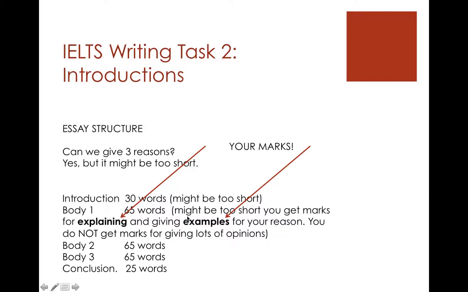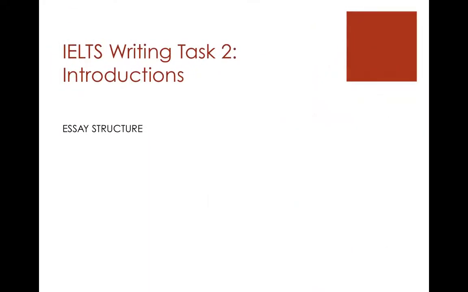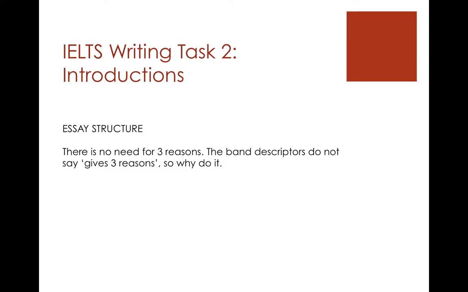So you get your marks for explaining your point of view. You get your marks for giving examples for your point of view or your reason. You don't get marks for giving lots of opinions. So there's no extra marks here for an extra opinion. Not at all. So in the essay structure, there's no need for 3 reasons.